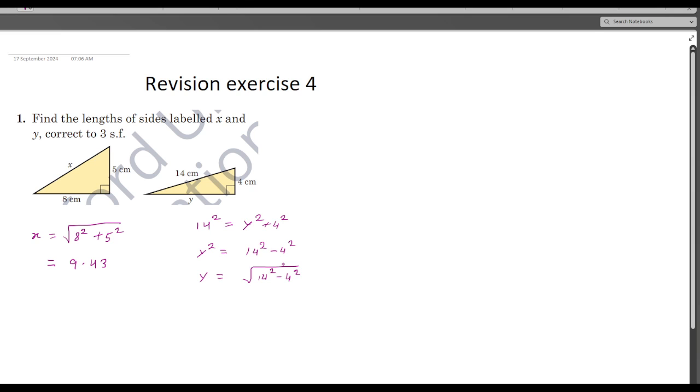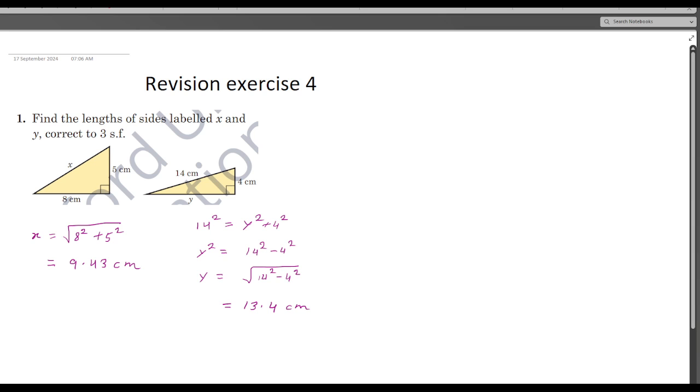So 14 square minus 4 square, result is 180 and square root of that is 13.416, that is 13.4. So your result for y is 13.4. We will also mention its unit, so 13.4 centimeter.